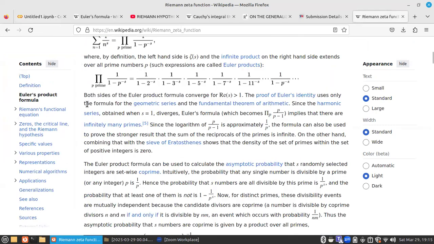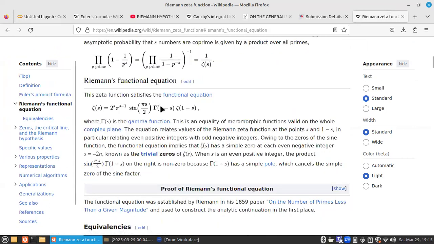Let's check the Riemann functional equation, which is right here. To compute the value at the symmetric point, I just use the Riemann's functional equation, and just by knowing the approximation of zeta at our point, we could get the estimate for the symmetric point as well.